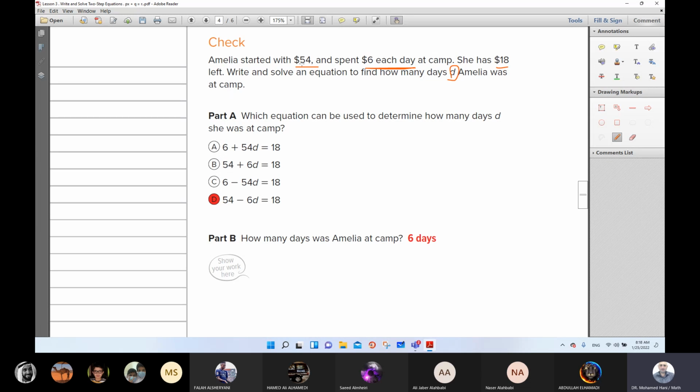So as you see here, it started with 54 and spent 6 each day, means 6 times the number of days, represent D. But here we have left, means use minus.